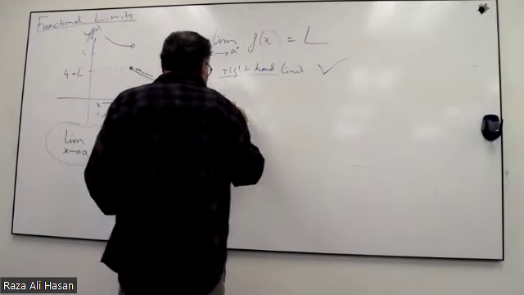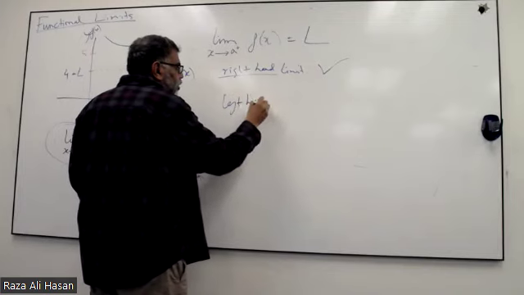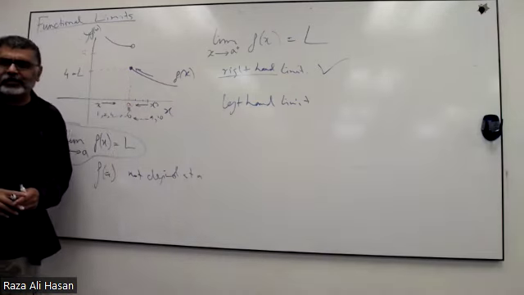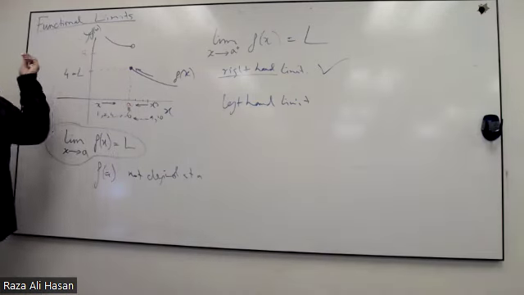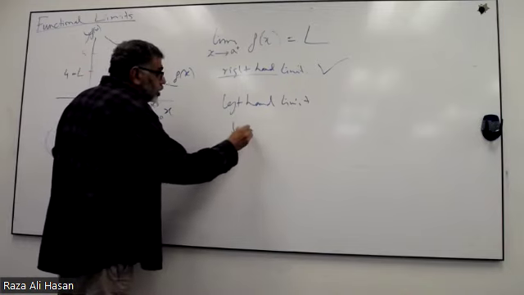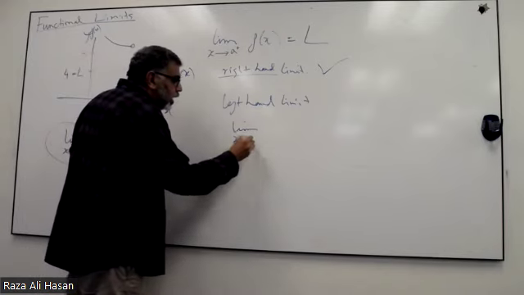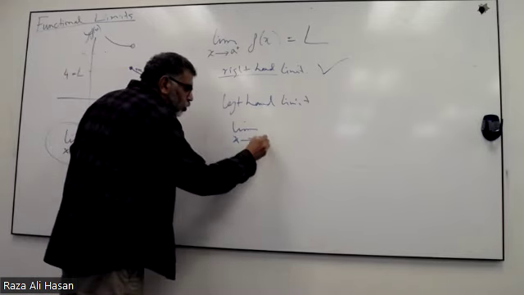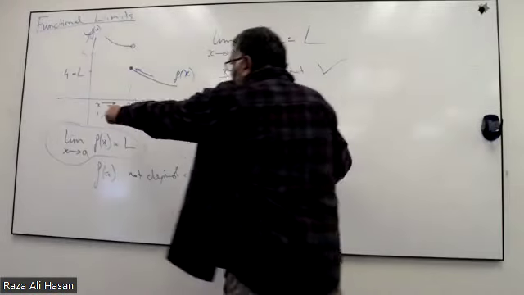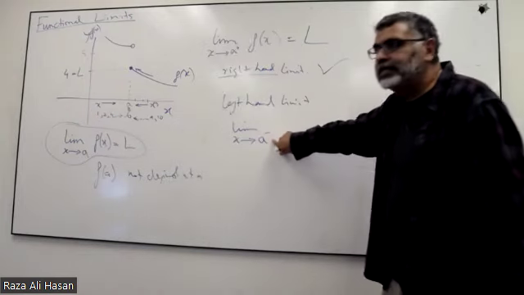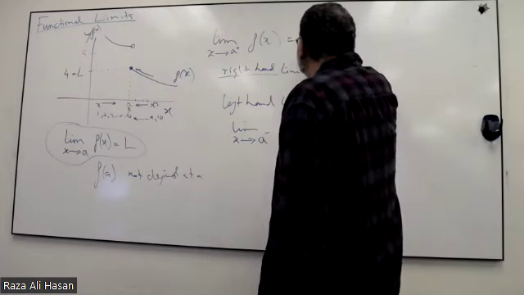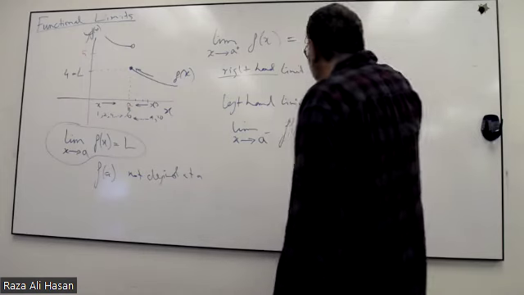What about left hand? And I might be messing up with the terminology here. Is it left limit or left hand limit? I think it's left limit, right? I don't remember either. I should have looked this up, but let's keep going here. So in other words, as all the values of x move to a from the left, from the minus infinity side, the value of the function tends to, so I'm going to write here 4.